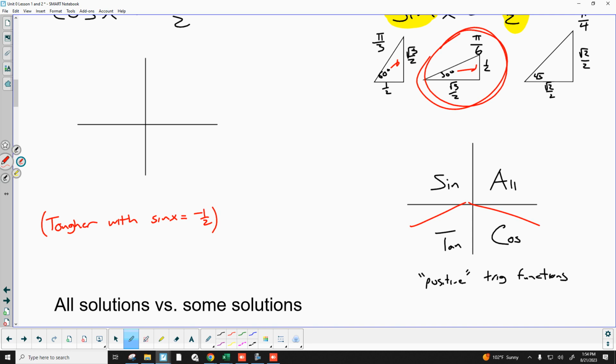As long as I have this pi over 6 and this pi over 6, I know those are the 2 locations where the sine value will be negative 1/2. And tell your neighbors, what are those locations? What are those pi over 6s?